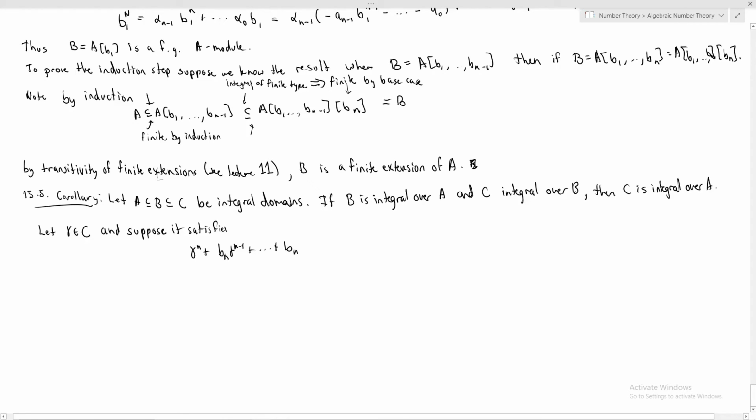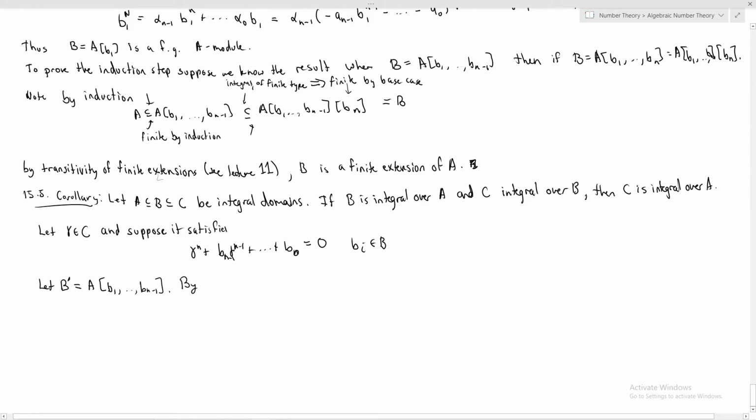I've screwed up the indexing. It should be this, and this should be 0. Suppose it satisfies that polynomial with coefficients in B. And I'm going to let B prime be the A algebra generated by b1 through bn. Okay.